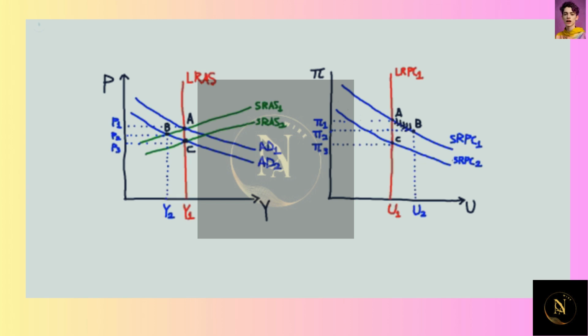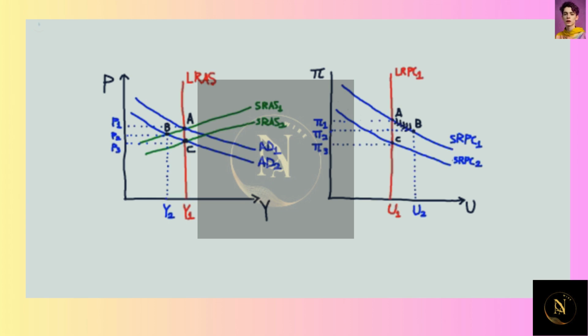So now the economy is back to its long-run equilibrium in terms of output. The new intersection of the aggregate demand and aggregate supply is point C. This is back to the natural level of output, but however, inflation falls even more. The price level falls even more over time and goes down to P3 on the left-hand side.